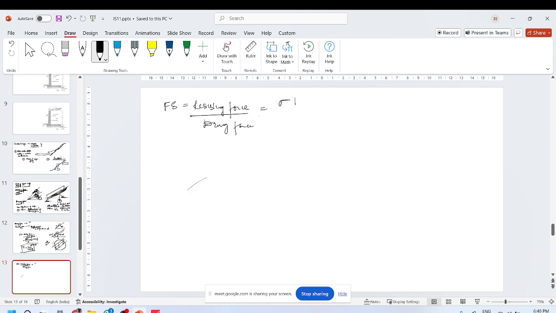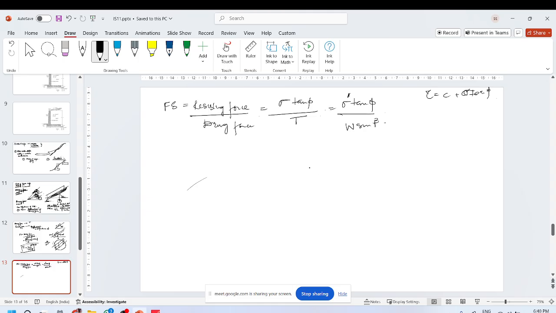this is sigma tan phi over T. This is sigma tan phi over W sine theta. Okay, but you know that this is the effective stress. Tau is equivalent to C plus sigma dash tan phi.